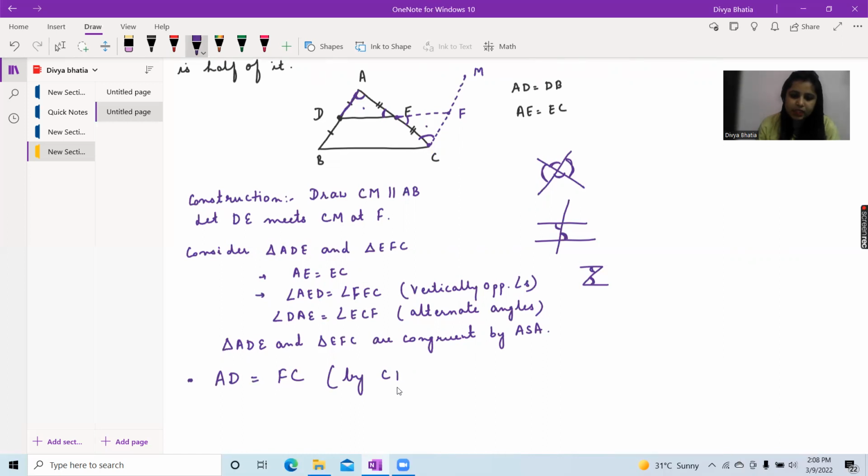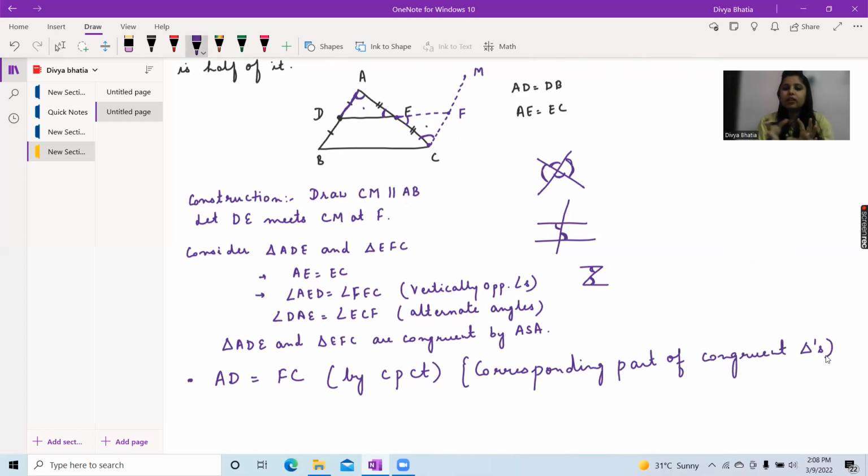What is CPCT? Corresponding parts of congruent triangles. When two triangles are congruent, all the sides, all the angles are equal, right? And also DE is equal to EF.